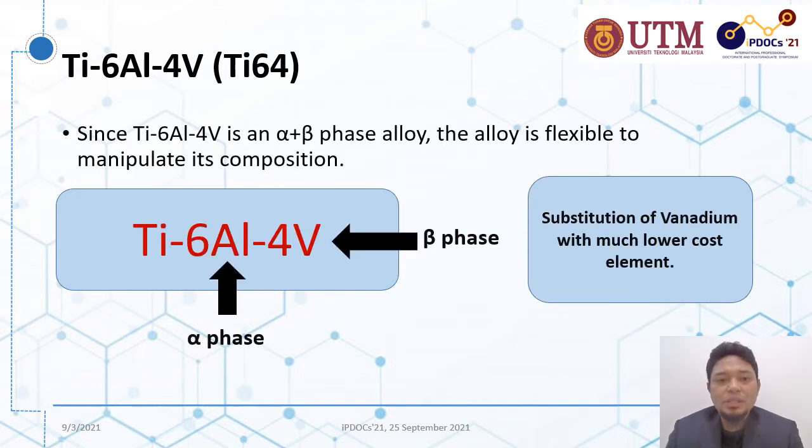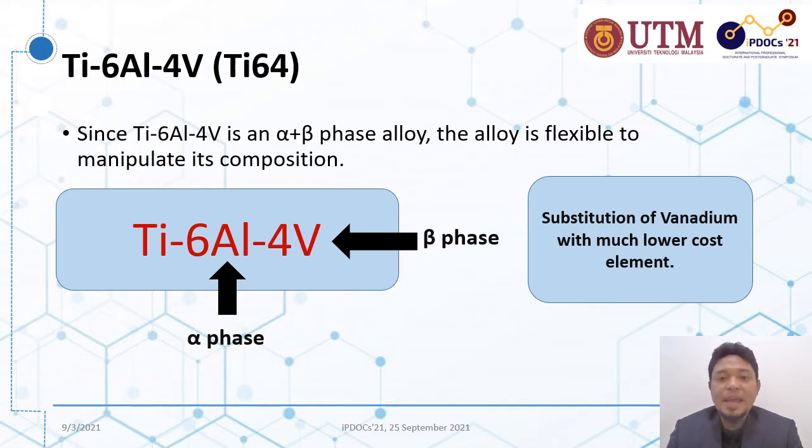Another property of Ti64 is that this composition is an alpha plus beta phase alloy. It is an alloy that is flexible to manipulate. The aluminium in Ti64 is an alpha stabilizer and the vanadium is the beta stabilizer.